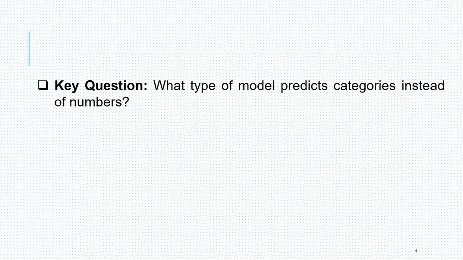So the key question I want to ask is, what type of model predicts categories instead of numbers? Are we there? Yes, sir. Classification model. Great.